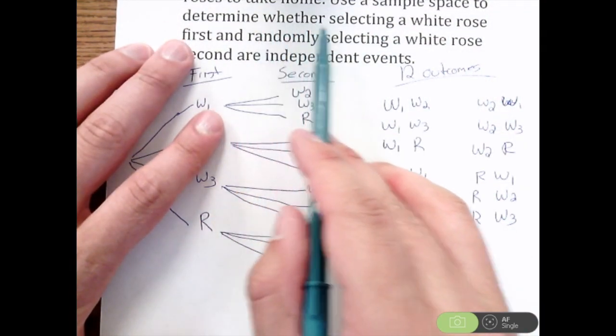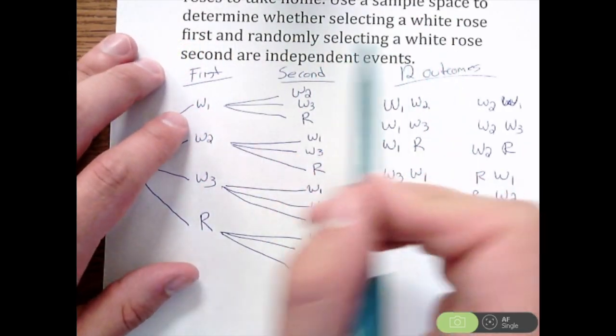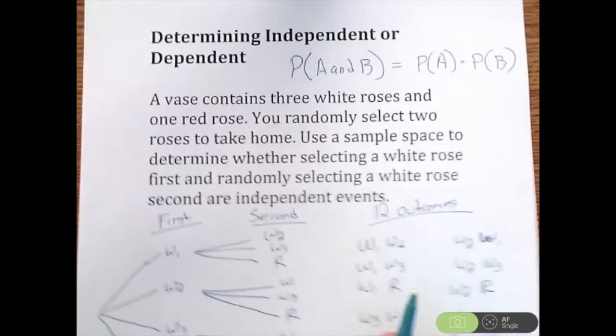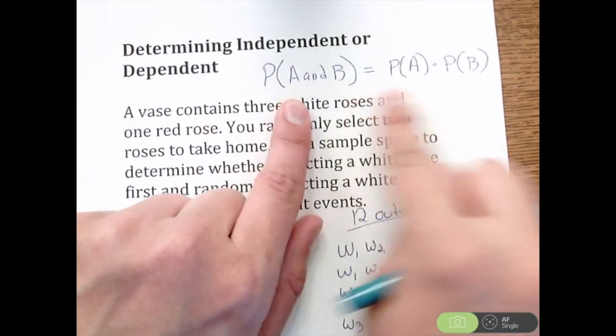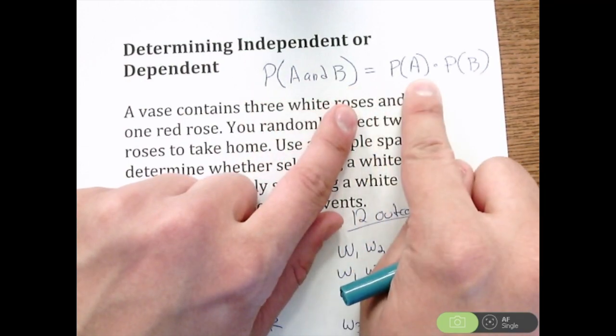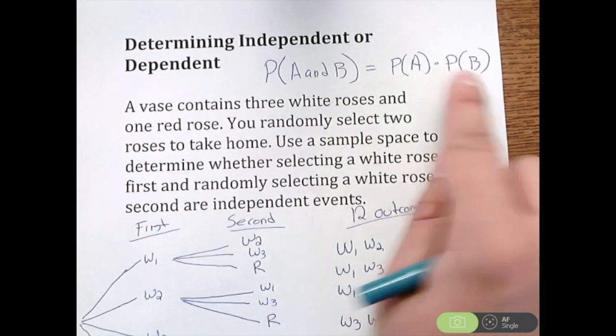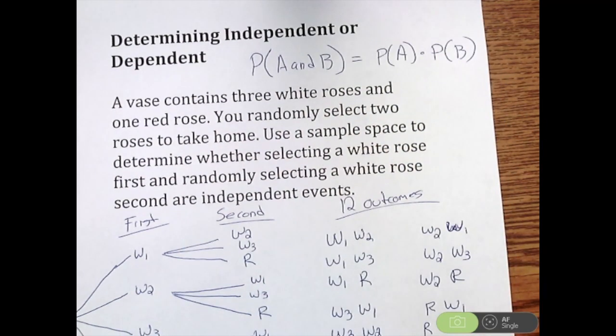So I can finally get to the question. They want us to determine whether selecting a white rose first and randomly selecting a white rose second are independent. This is the rule if you have 2 independent events: probability of A and B should equal the probability of A times the probability of B. I'm going to rewrite this, but replace A and B with the 2 events I'm looking at.